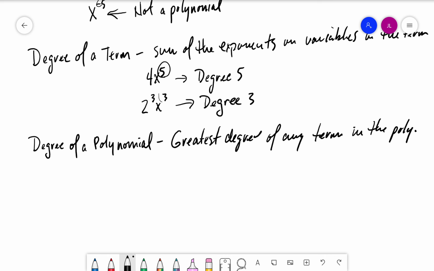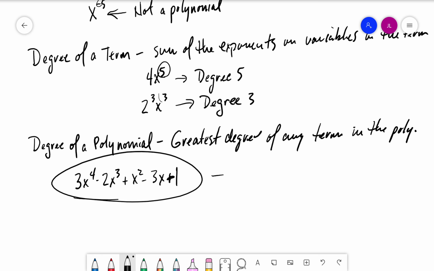So if we had a polynomial, for example, 3x to the fourth minus 2x cubed plus x squared minus 3x, and we'll put plus 1 at the end, what's the degree of this whole polynomial? Well, the degree would be 4.